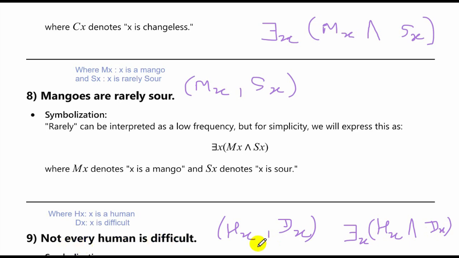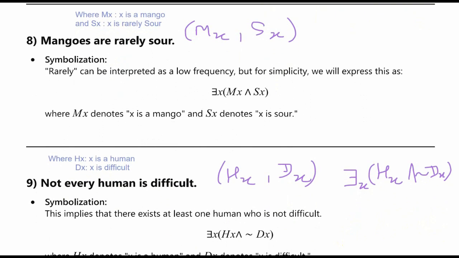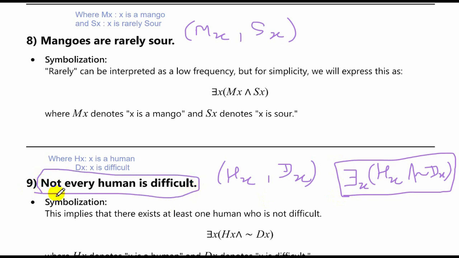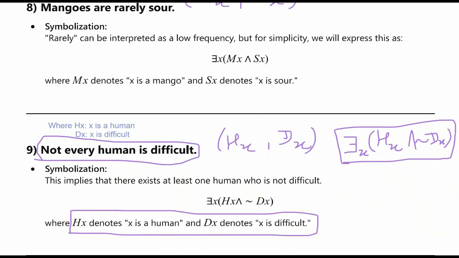This is what it means. So let's see if the answer is correct. Yes. This is how you have to understand whether your symbolization is working with what the statement says. A trial and error will help you out. You'll have to practice quite a few questions, and writing this will really help you understand what the statement says.